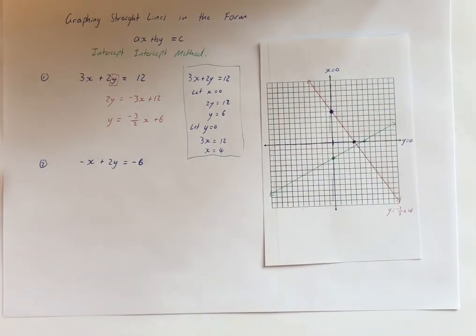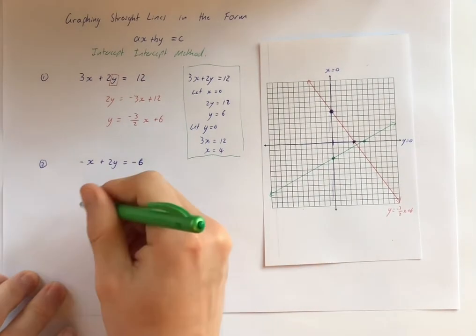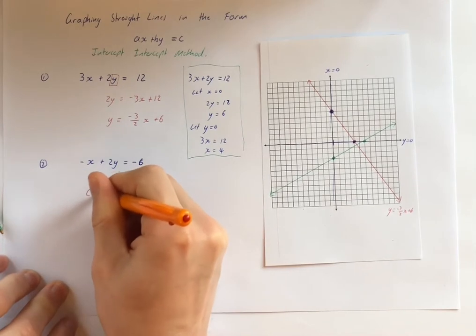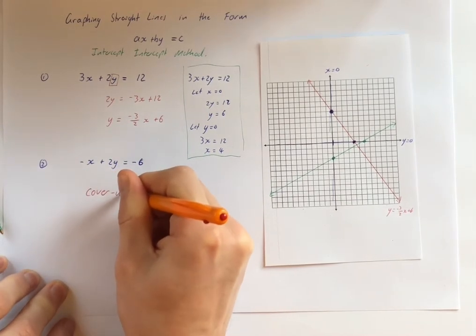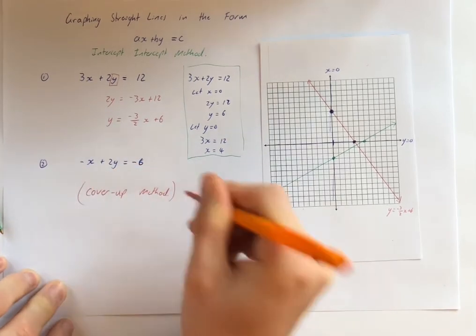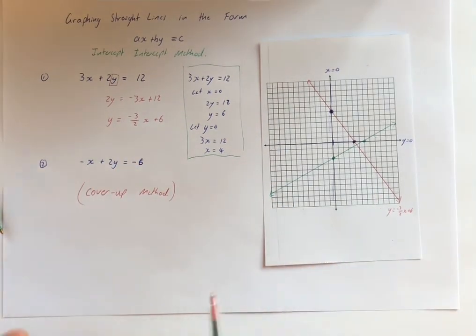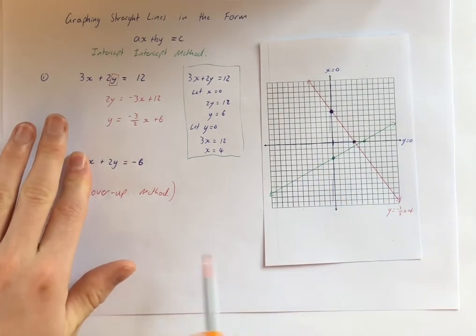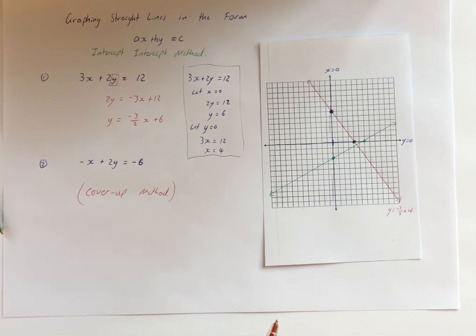And Desmos should confirm that. The other name for this is the cover up method. It's an informal name for it because to plot your axes, you just cover up each variable and you can plot the corresponding y and x intercepts.